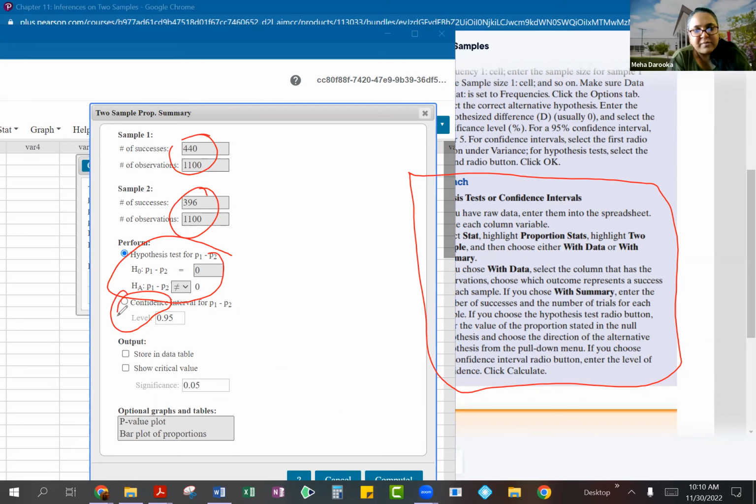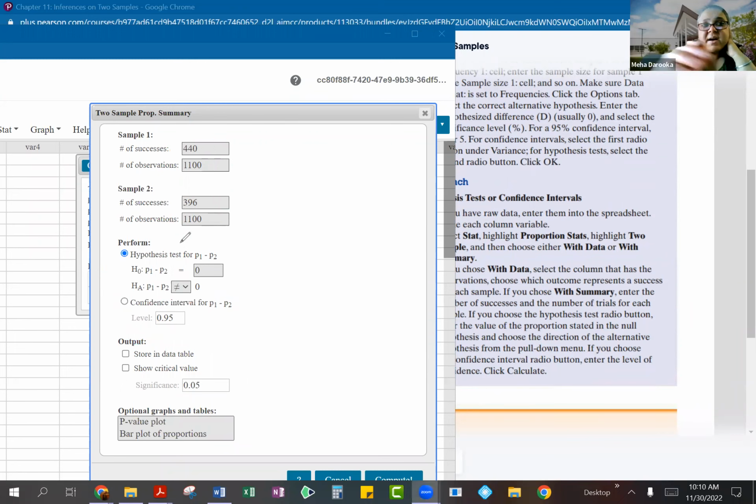If you were doing a confidence interval, then of course you would select that and make sure you have the right level of confidence in there. So either way, whether you are doing hypothesis testing or confidence intervals, these calculations work out very easily.